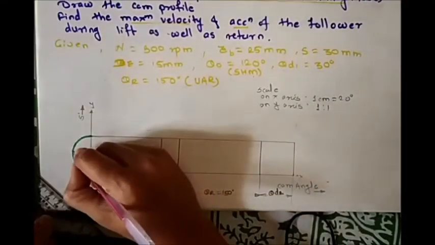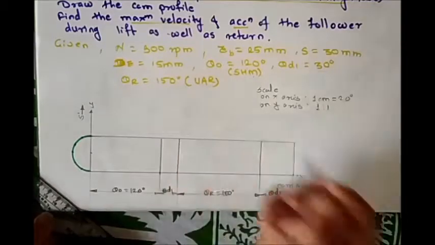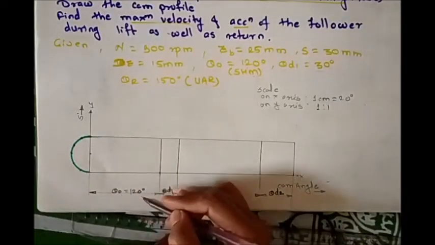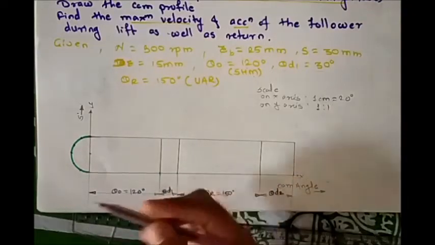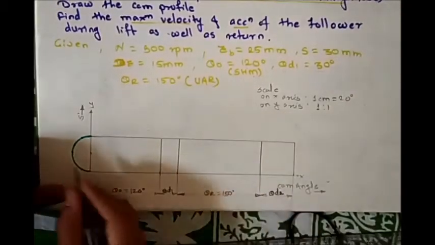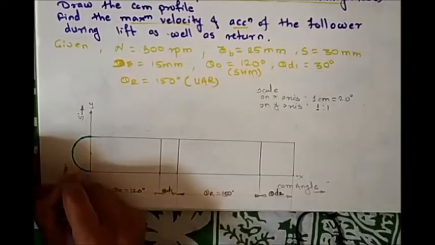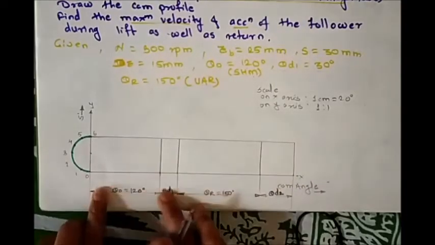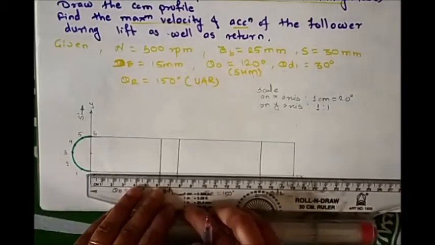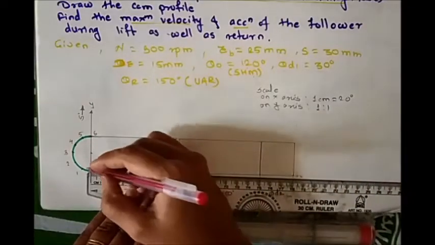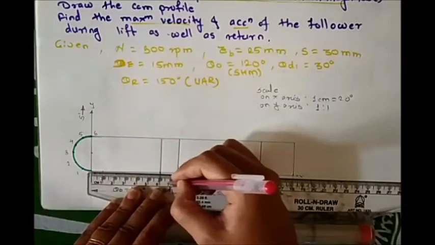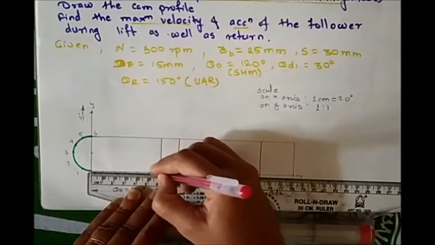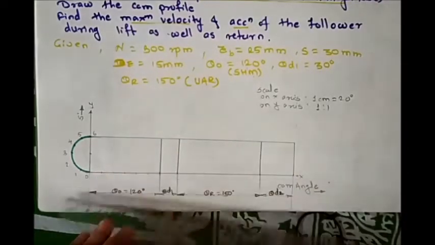Now next is divide this outstroke angle with the same equal even number of parts that we divided the circle. So we have divided this circle into 6 equal parts, so we are going to divide this outstroke with the same number of parts. Our outstroke is 6 centimeters, so it is easy to divide into 6 parts. We just need to mark 1 centimeter each.